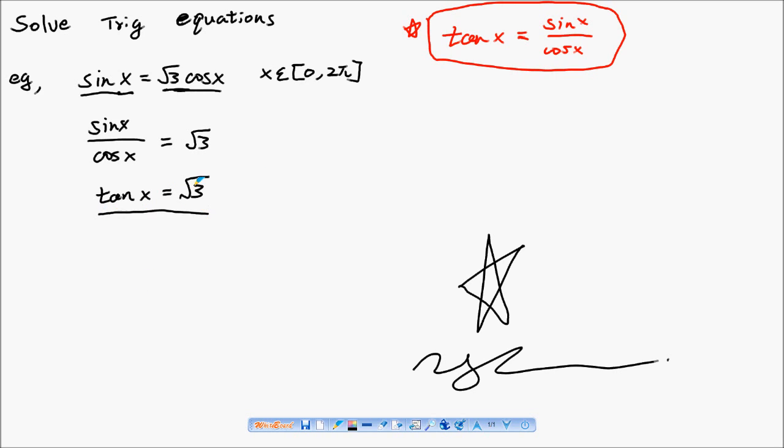From here we can solve it by using special triangles and the unit circle. So I have 2, 1, square root of 3, and here is pi on 6.